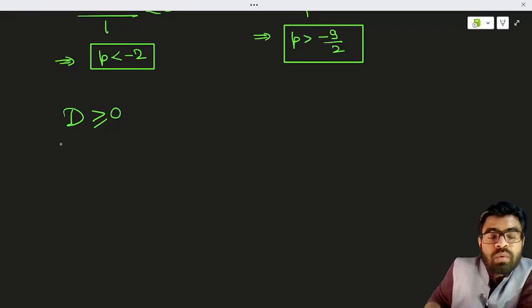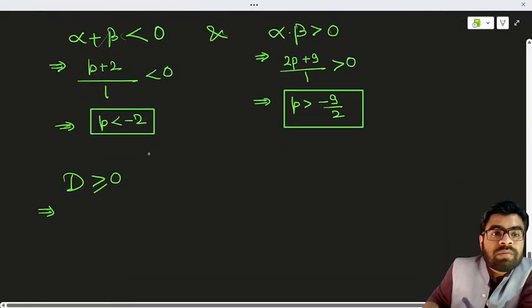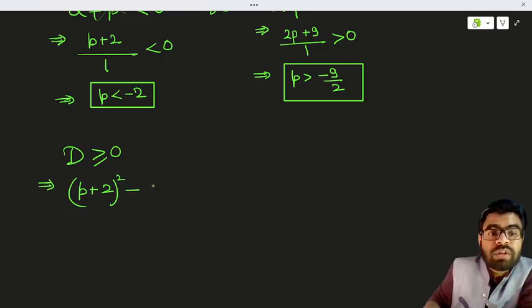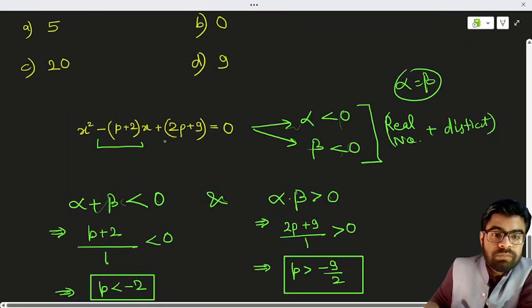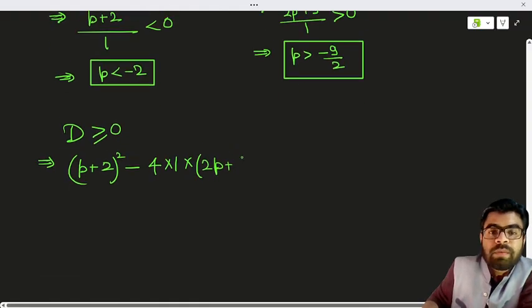So in this case, what happened? Basically, this becomes b square minus 4ac. So what is b square? B is this. So it becomes p plus 2 whole square, because negative becomes positive, minus 4ac. A is 1 and c is 2p plus 9.